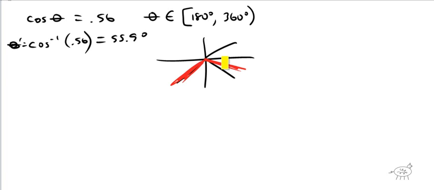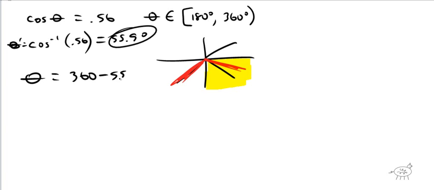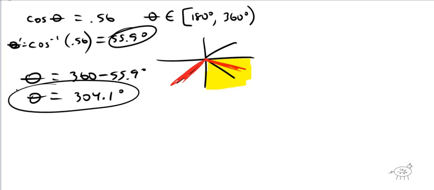It overlaps only in this quadrant right here. So you're going to have one answer in the fourth quadrant. Here's your reference angle, so theta is equal to 360 minus 55.9 degrees. Theta comes out to be 304.1 degrees. So restrictions are pretty easy.